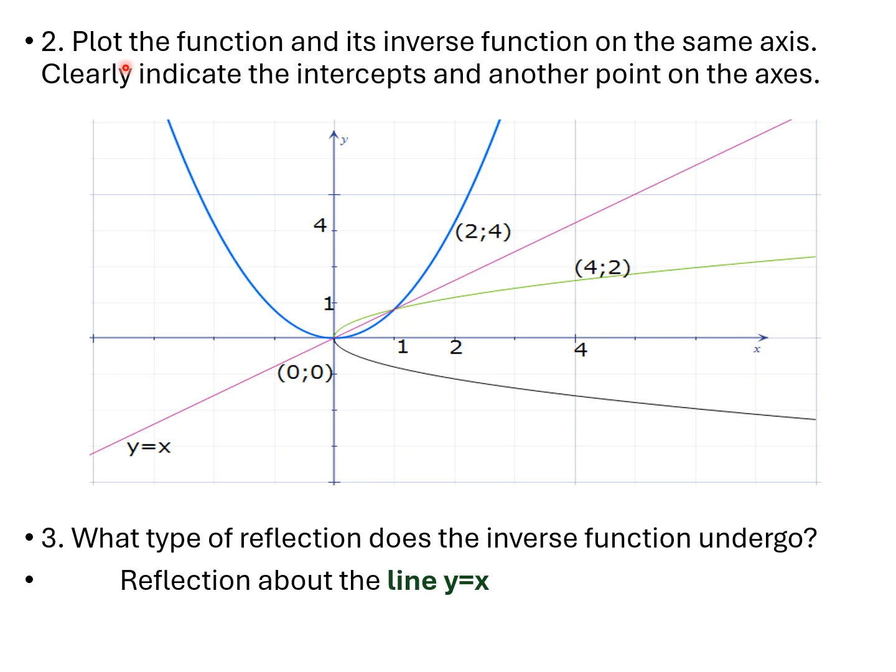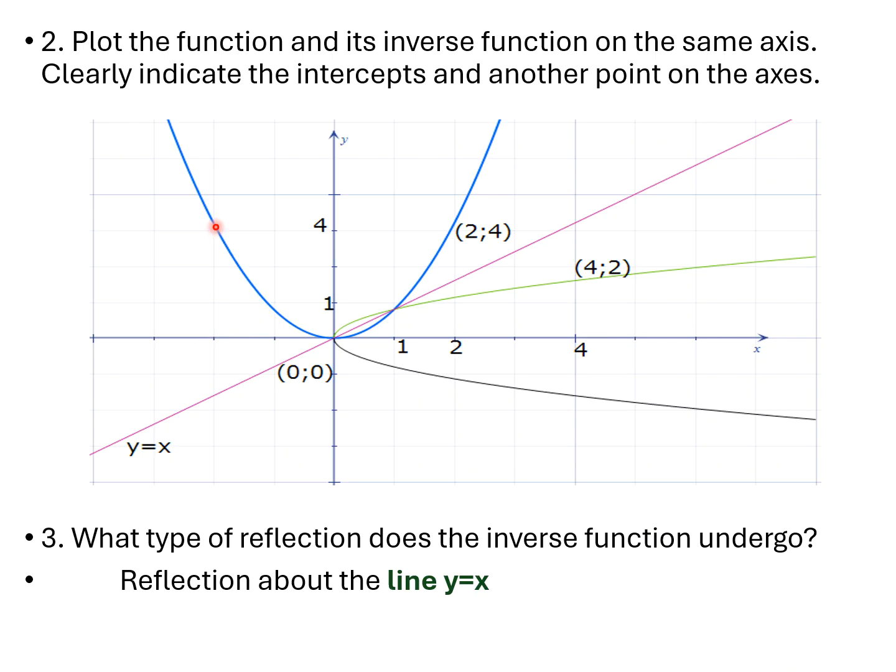Plot the function and its inverse function on the same set of axes. Clearly indicate the intercepts and another point on the graph. So 1 squared gives me 1, 2 squared gives me 4, same on this side: minus 1 squared gives 1, minus 2 squared gives 4.